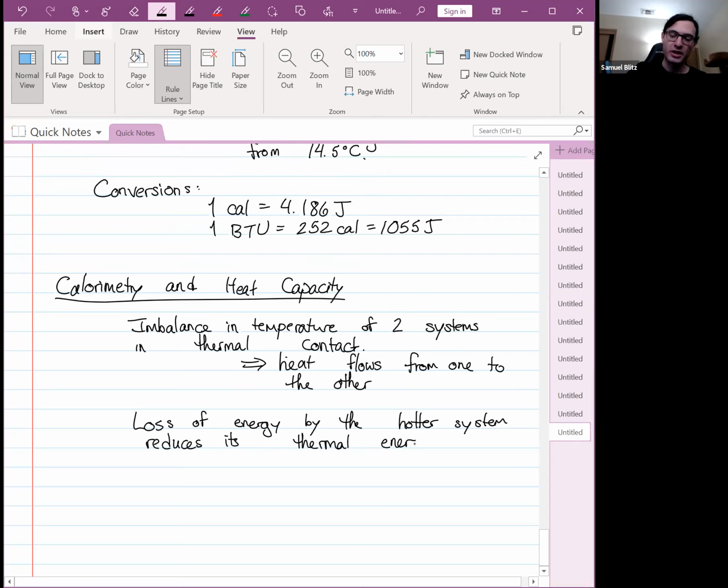The hotter system gives off heat, and so by energy conservation considerations, the thermal energy of that system gets smaller. And similarly, the gain of energy by the colder system increases its thermal energy.